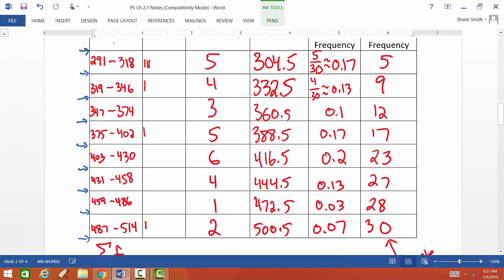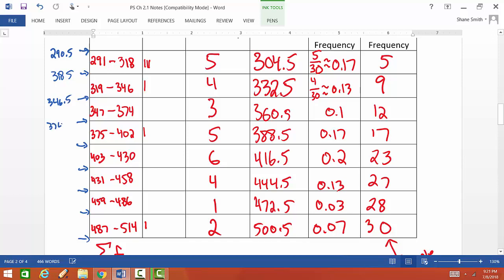Basically we're just going to put a decimal of 0.5 at the end. So what's right before 291? That's 290.5 because I just subtracted 0.5 from 291. What's right in between 318 and 319? Well, that's 318.5. What's right in between 346 and 347? It's 346.5 and so on.